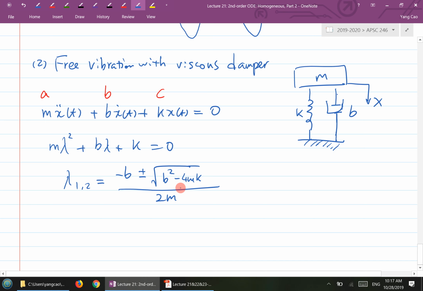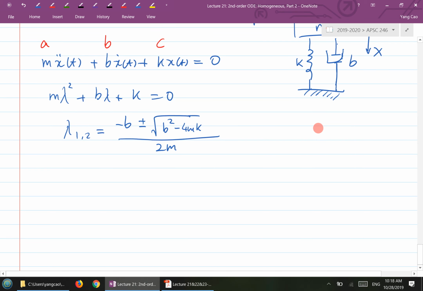And this will basically fall into the table based on the values of m, b, k. So you could have 3 different cases: 2 real roots, 2 repeated roots, and 2 complex conjugate roots. It's all up to the values of b, m, k, right? So when it comes to the physical system, we do the following things.